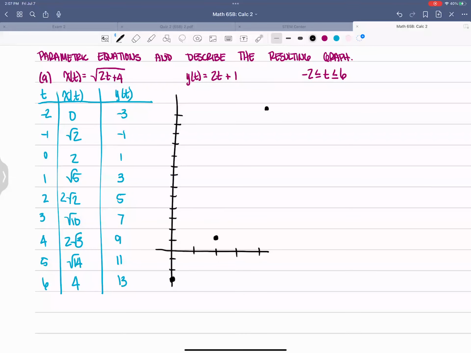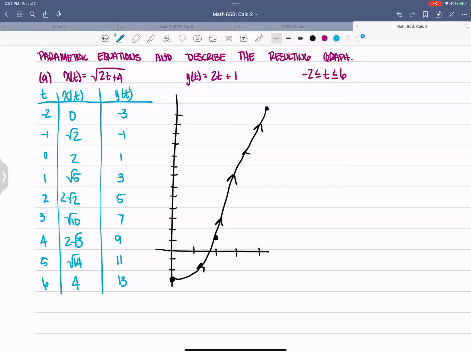After careful deliberation, it kind of looks like a parabolic shape going this way. Let's see if it matches when we actually compute everything.